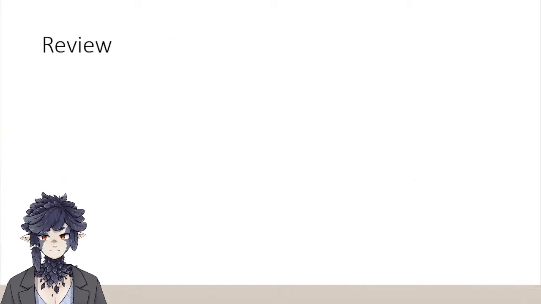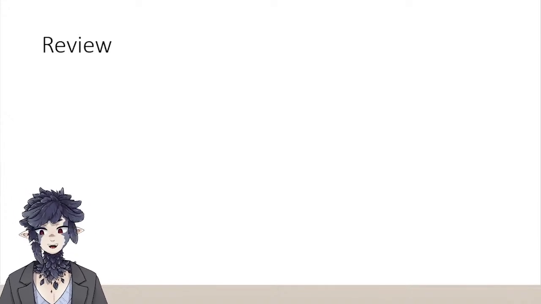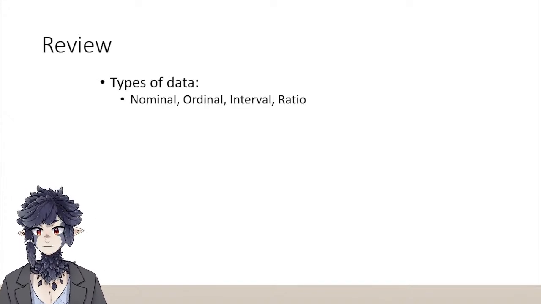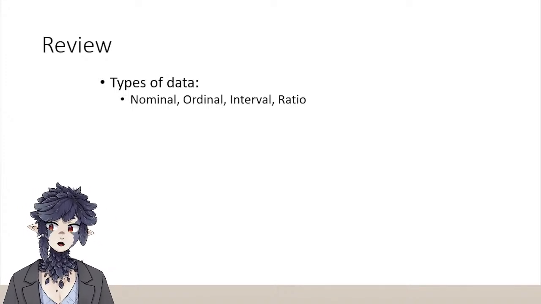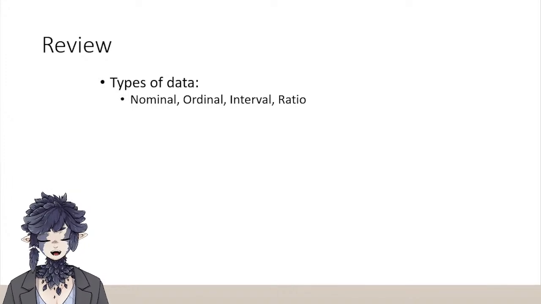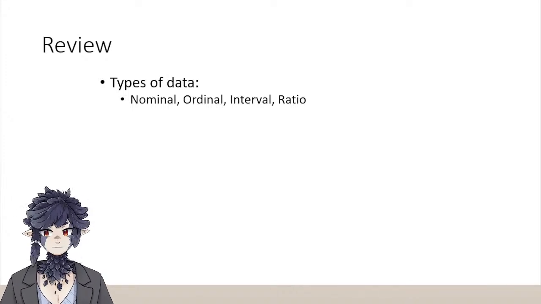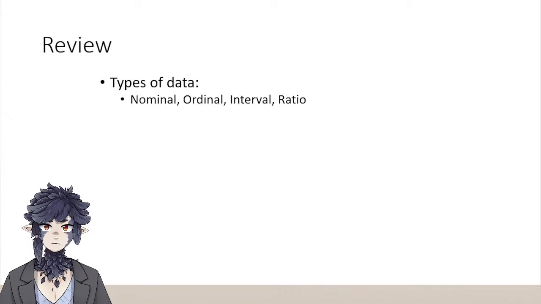Okay. So, first let's start with reviewing a little bit of what we talked about last class on Monday. We talked about different types of data: nominal data, ordinal data, interval data, and ratio data. Nominal data was categories that had no particular order to them. Ordinal data was data where there was a particular order.